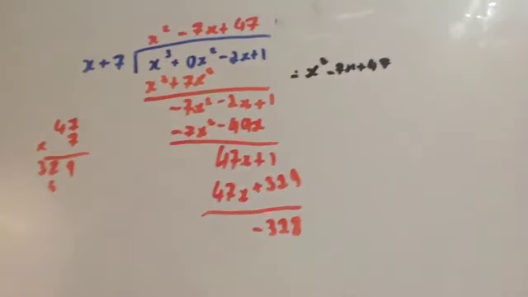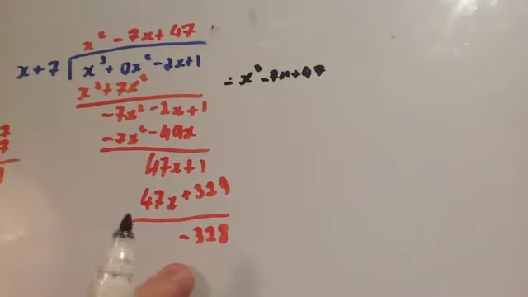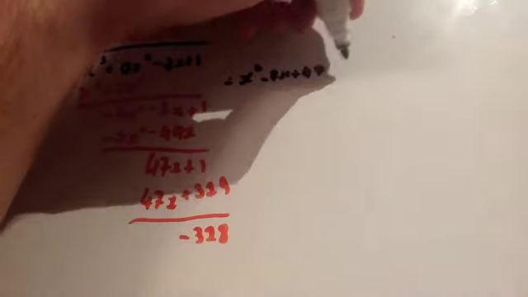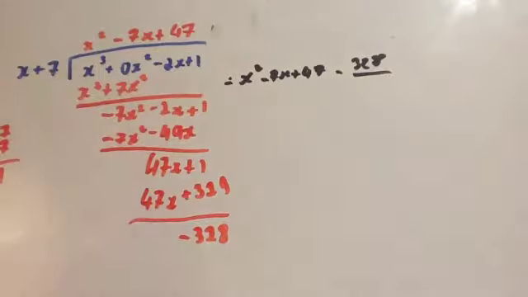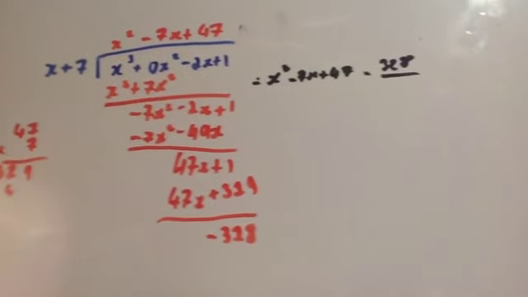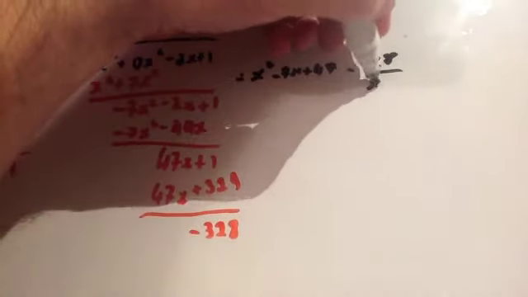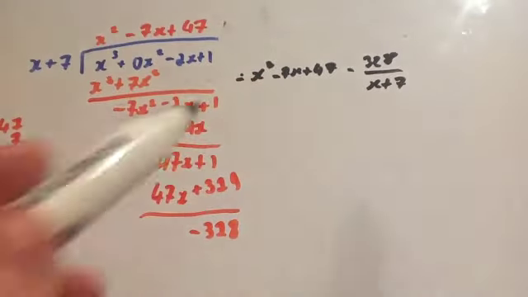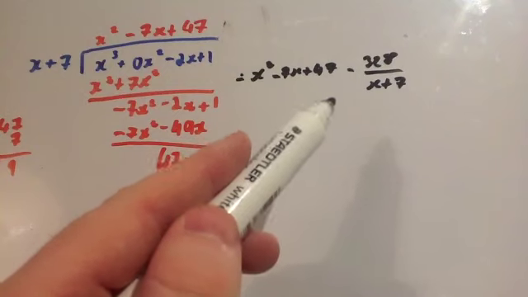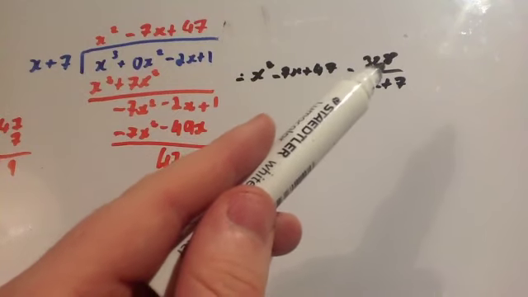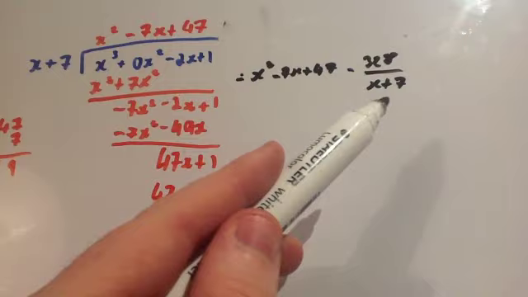And for my remainder, I had minus 328, so I'm going to do minus 328. And then over the divisor, which was x plus 7, so I could write over x plus 7. So this is saying that the answer is x squared minus 7x plus 47 minus 328 over x plus 7.